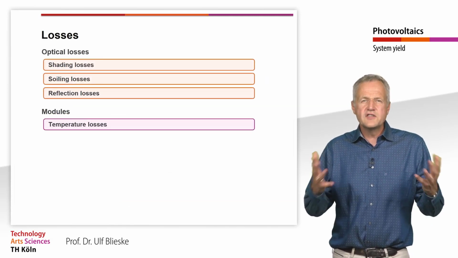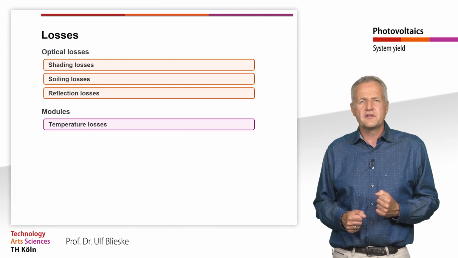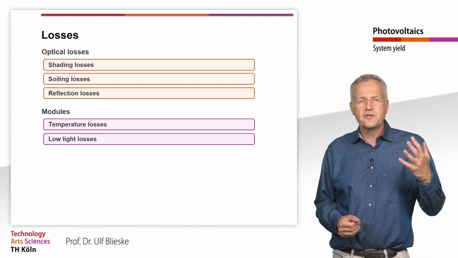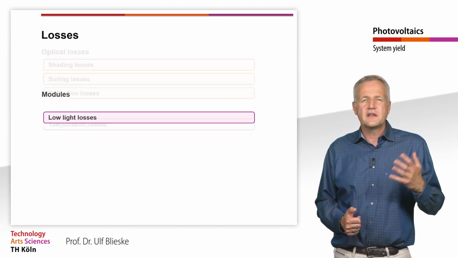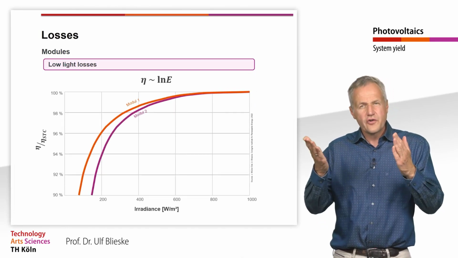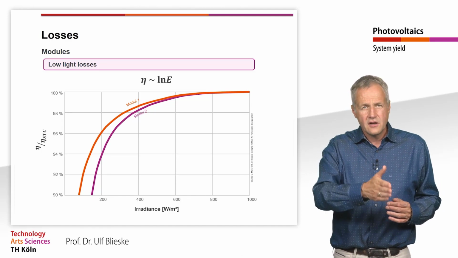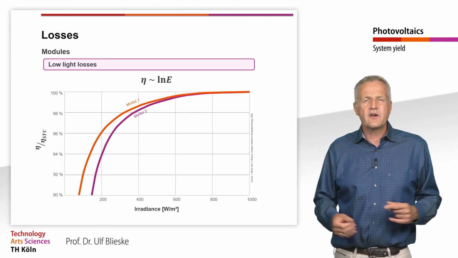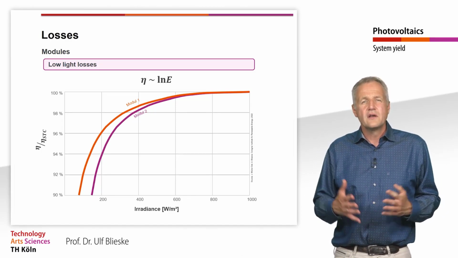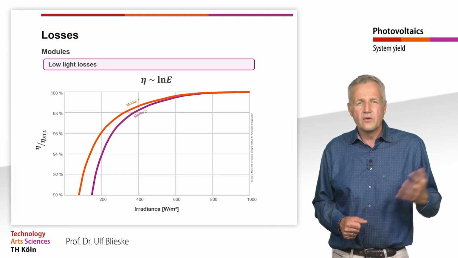However, not only the module temperature has an influence on the efficiency of the module, but also the irradiance. As a reminder, the efficiency is logarithmically related to the irradiance and drops significantly at low irradiances. The behavior of a module under low irradiances is also called low light behavior.